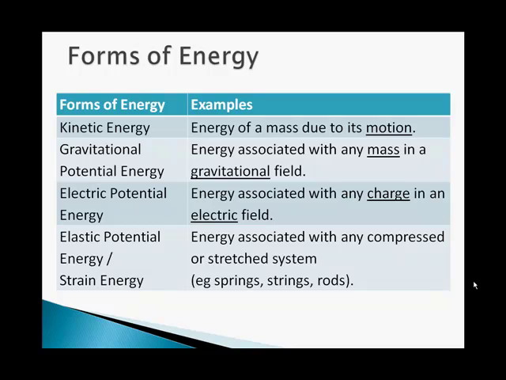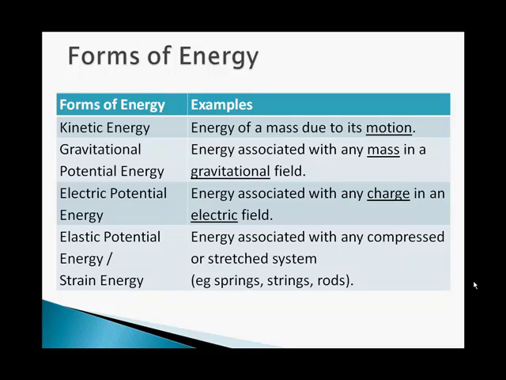They are kinetic energy, and kinetic energy is the energy of a mass due to its motion. And gravitational potential energy is the energy associated with any mass in the gravitational field. And electrical potential energy is the energy associated with any charge in an electrical field.